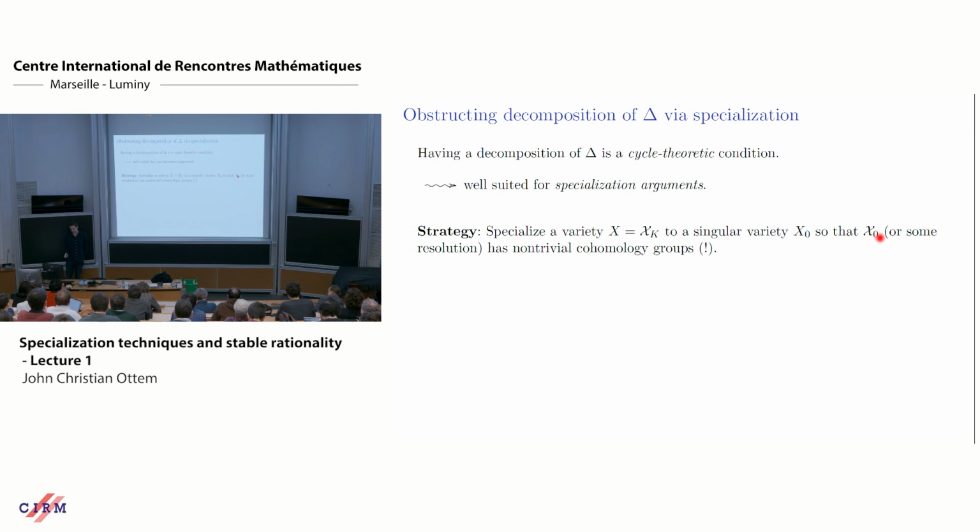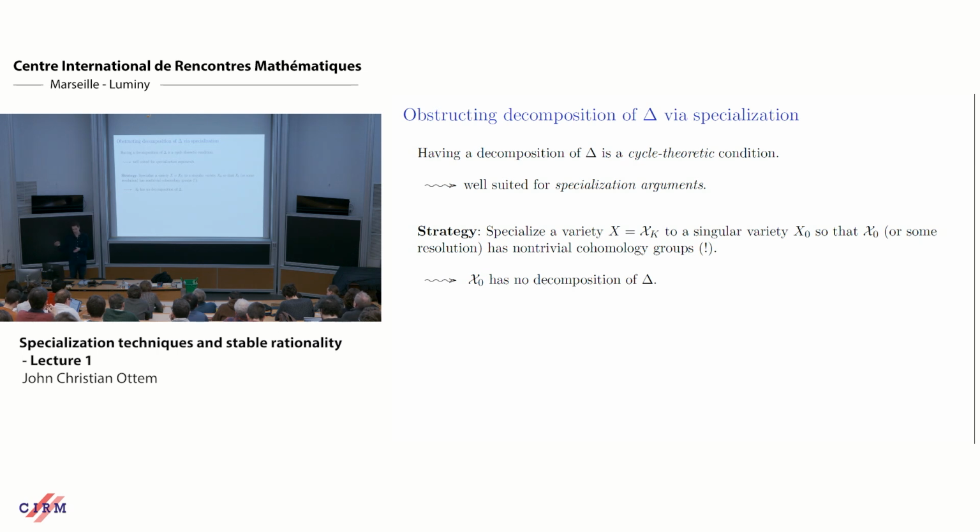Sorry, this is supposed to be the same. It's not supposed to be script here. Okay. So if you can specialize your hypersurface to some variety where maybe some resolution has non-trivial homology groups, then you don't have a decomposition of the diagonal.